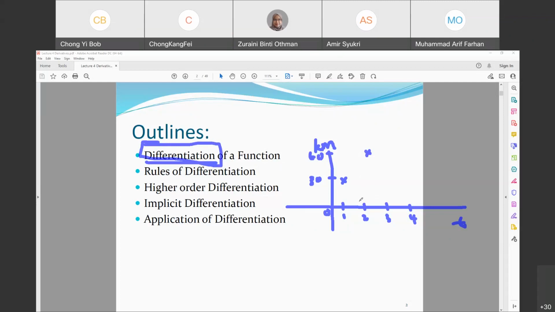Differentiation ni, it is the perubahan masa daripada perubahan laju kilometer ni daripada masa 1 jam ke 2 jam. Itu sebab bila kita kira kilometer per hour, bahagi kilometer pada masa 2 jam tolak kilometer pada masa 1 jam, bahagi dengan 2 jam tolak 1 jam, ini macam kita cari slope tau. Slope yang di sini.